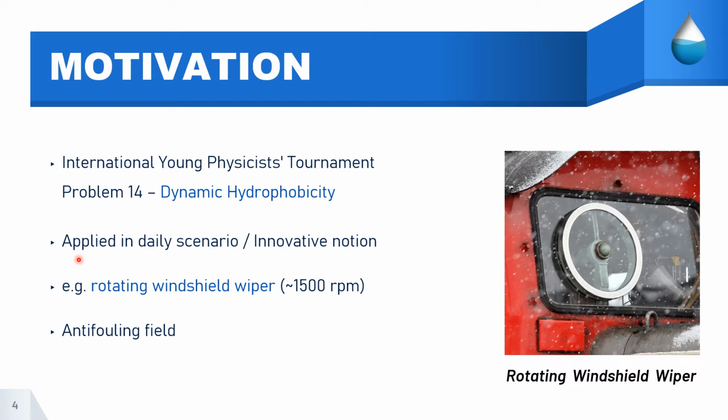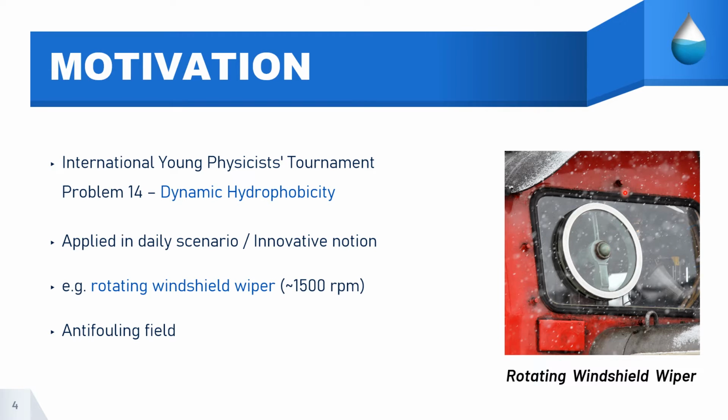This topic can apply in daily scenario and it's an innovative notion. This is an example of the phenomenon can be used in our lives. This is a trend in a snowy country. So you can see there is a circle glass, and there's a motor in the middle.